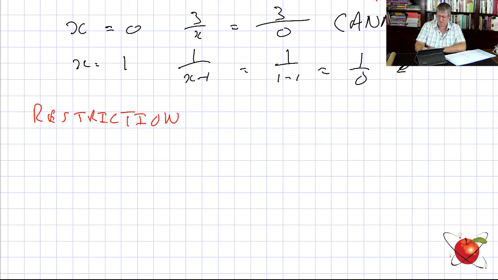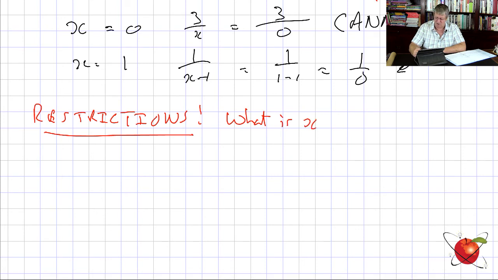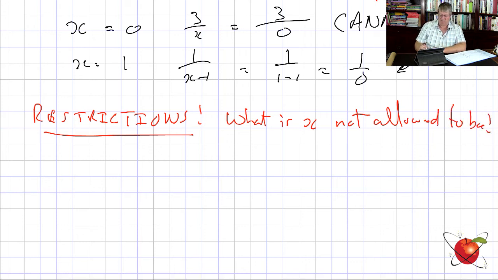Restrictions, right? Restrictions in essence is what x is not allowed to be. In other words, what can't x be? Okay, so how do we do it?